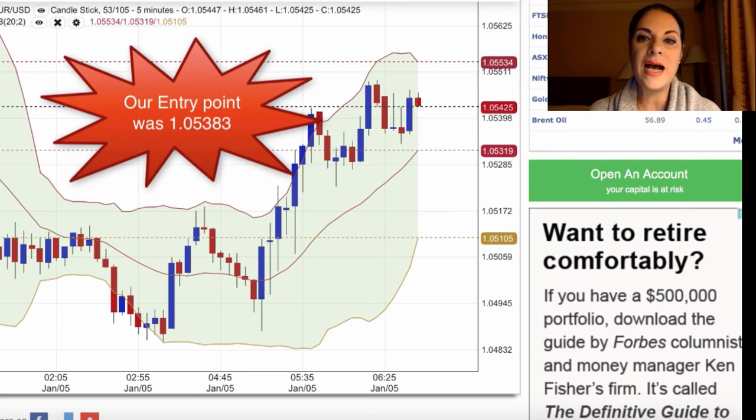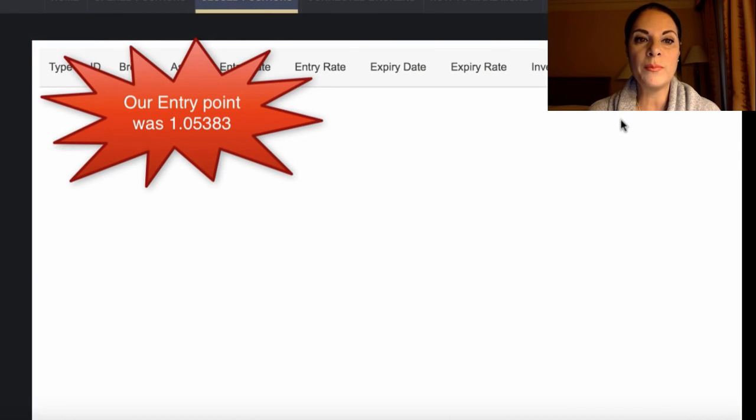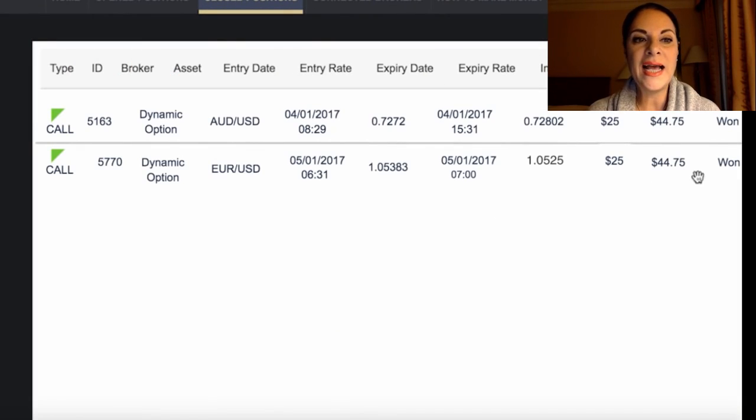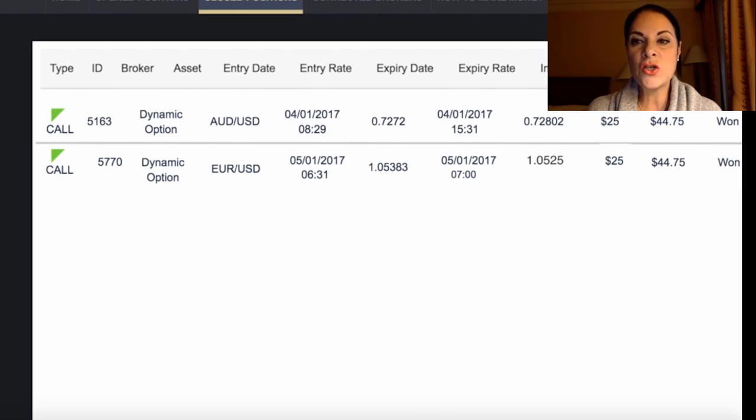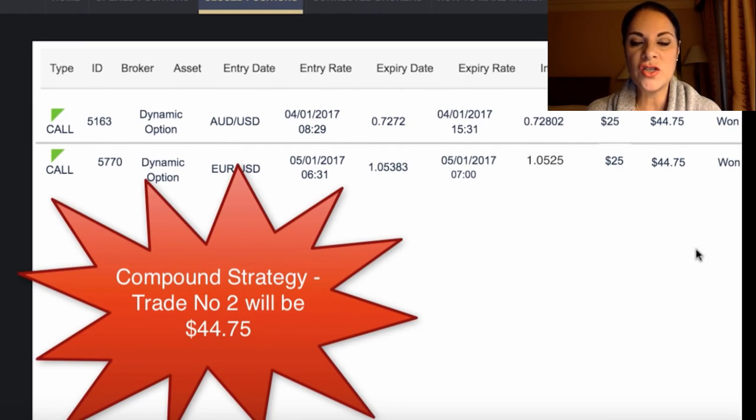As we can see, our entry point had been at 1.05383, and in fact, this is our first win at 1.0525. So our next trade is going to be for 44.75, which is how I am taking the strategy of my compound trading.